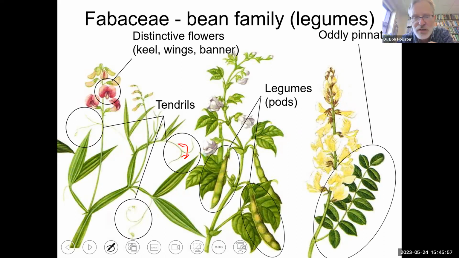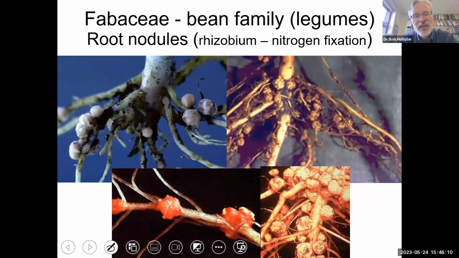There are some other things that do tendrils, think of grapes and stuff, but tendrils aren't that common. And then the fun thing, this is the tiny bit of natural history, the rhizobium.